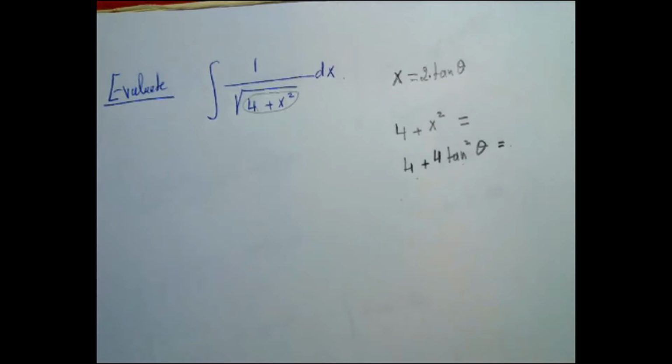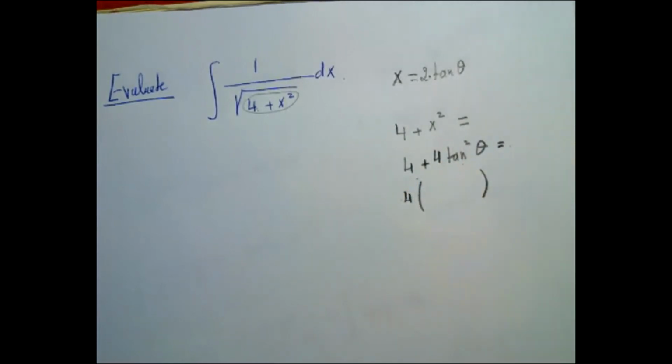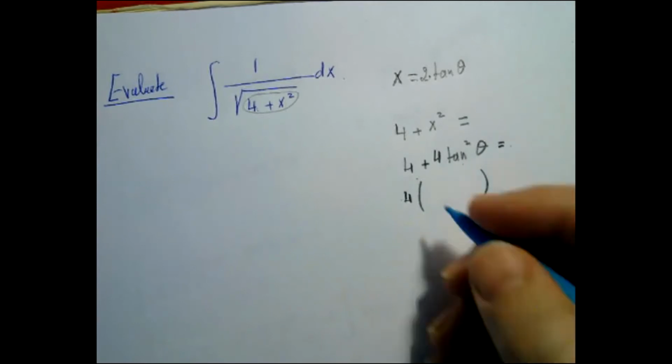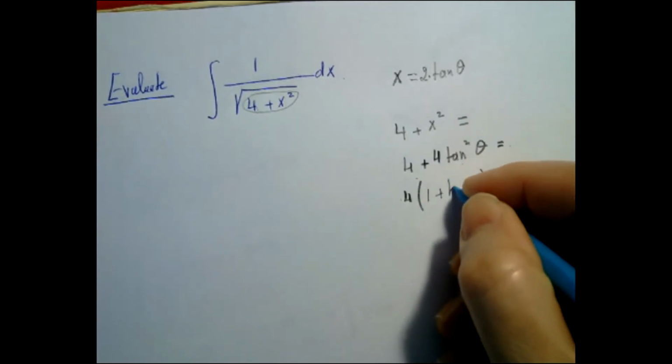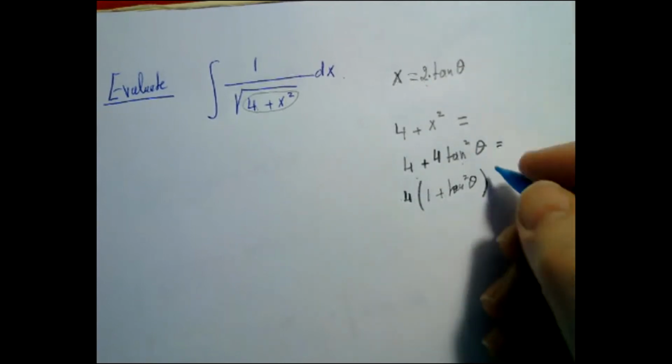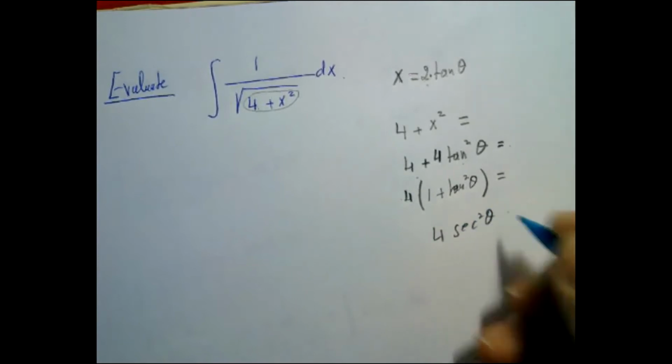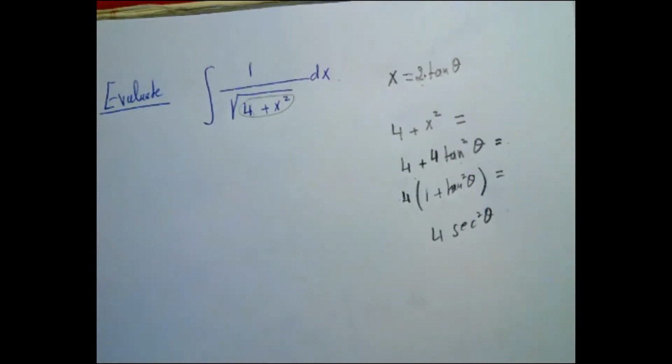Yeah, you're just going to factor out the 4, so that leaves you with 1 plus tangent square. Right, I'm going to factor out the 4. This will give me 4 secant square. And then we are good.